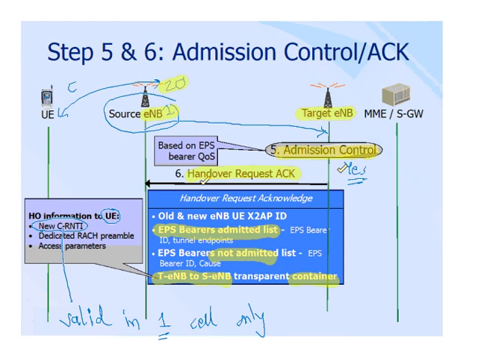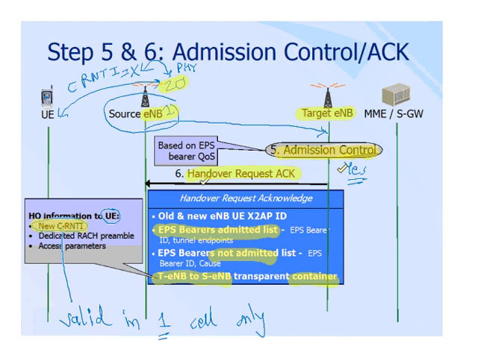So the CRNTI that we have received, that is valid only within that specific cell number. This is the physical layer cell ID. So whenever we cross the boundary of the cell as a result of handover, we need to get new CRNTI, and that's what we are doing. New CRNTI.